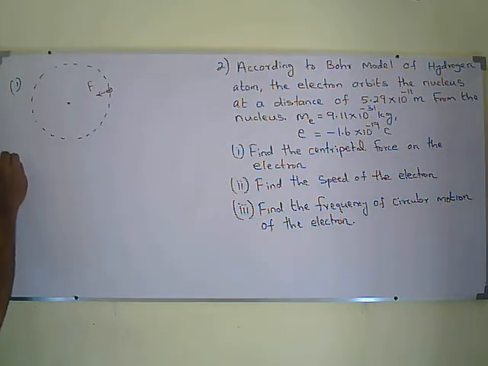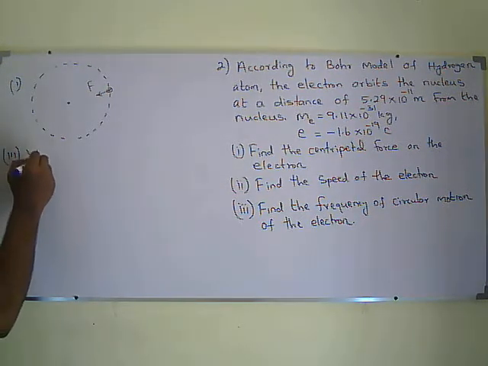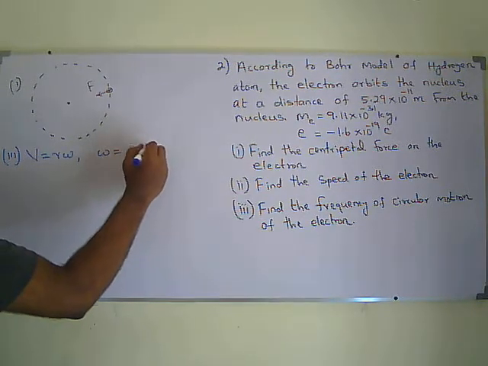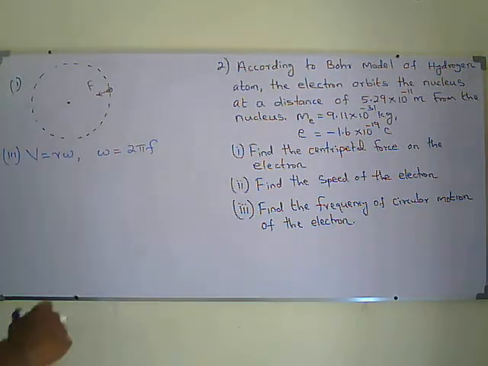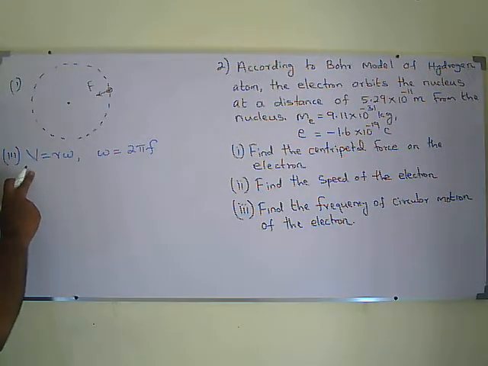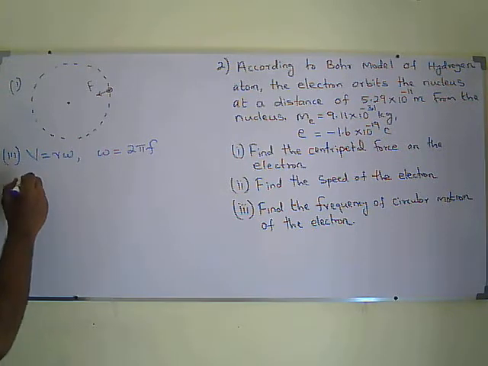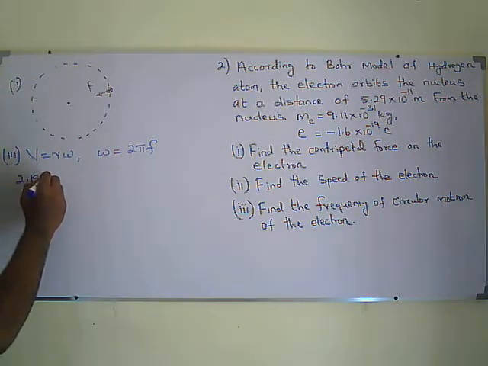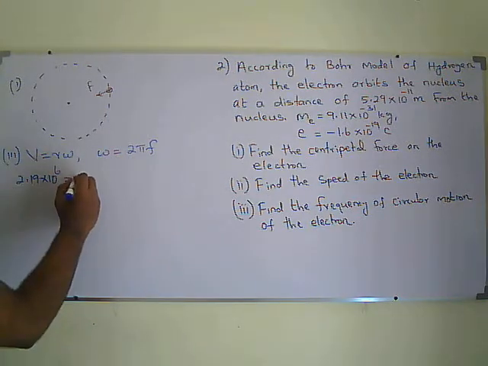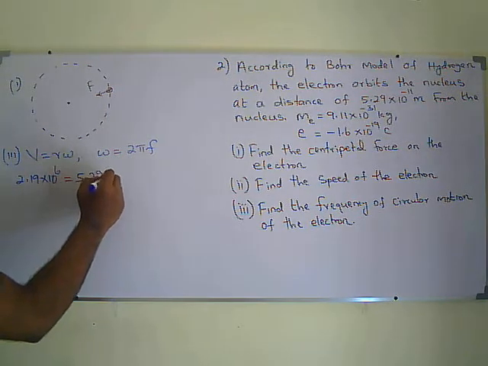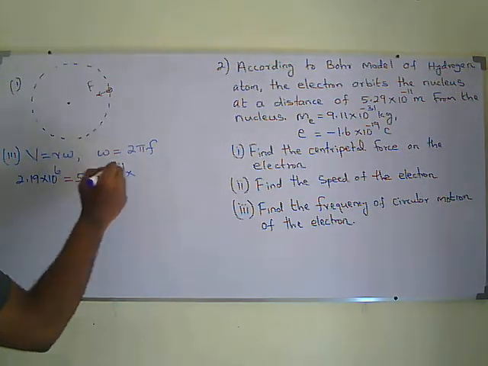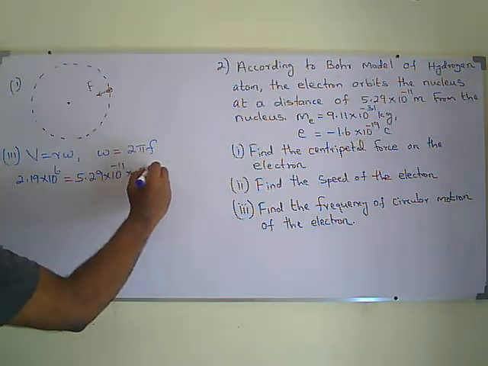So I can find the third part by using v equal r omega, omega equal 2 pi f. f is the frequency, this is the angular speed. You would have learned that in circular motion. So I know the speed v, that is 2.19 × 10^6. r is the radius of the orbit, 5.29 × 10^-11, into omega, I can say 2 pi f.